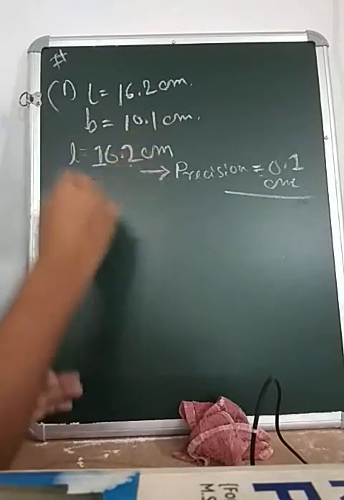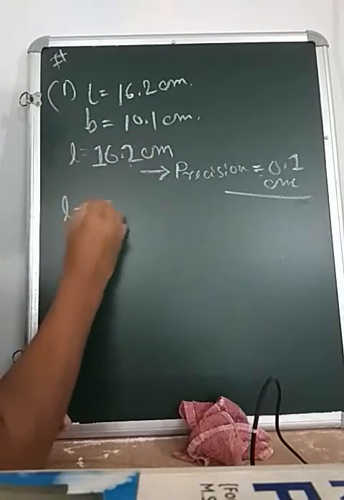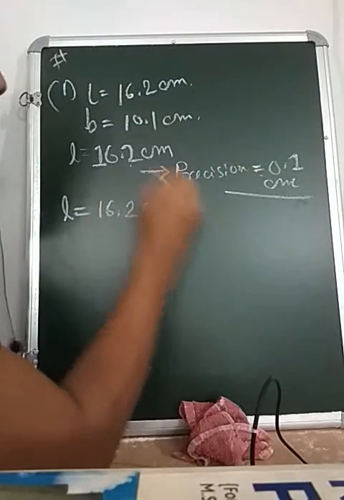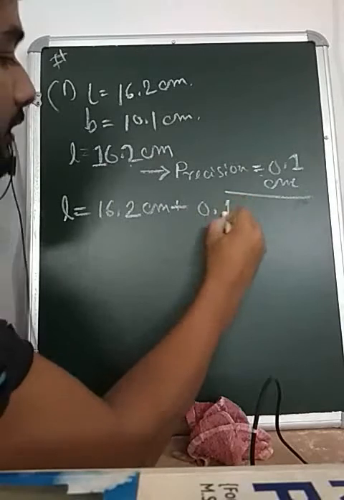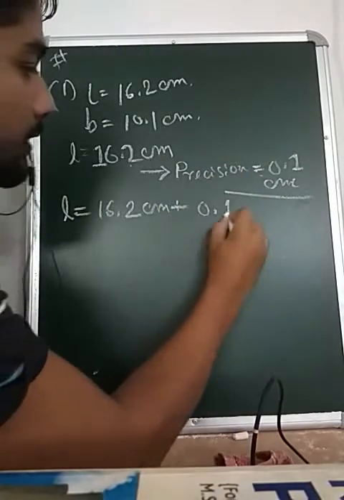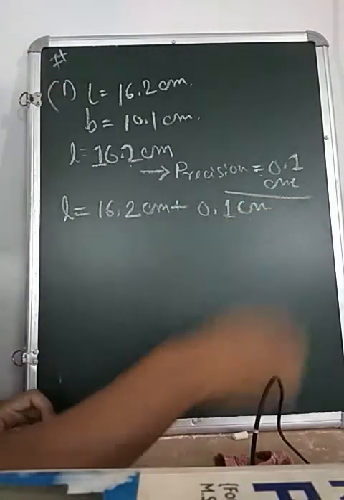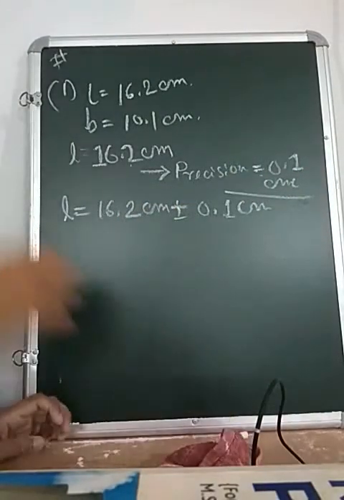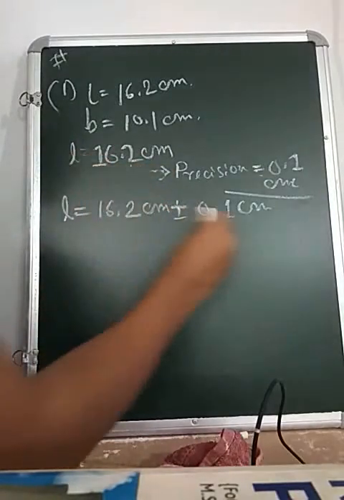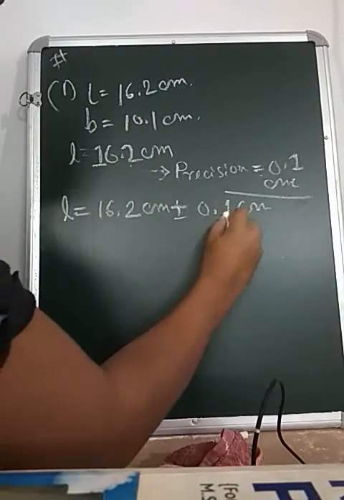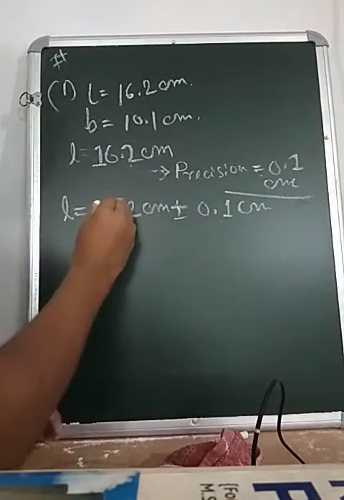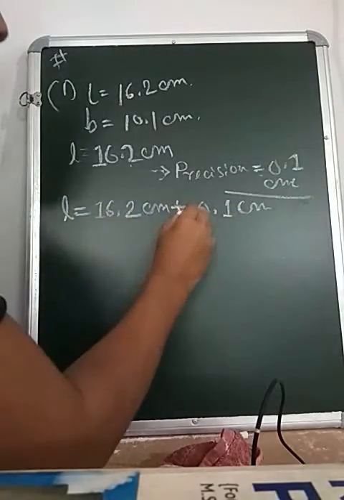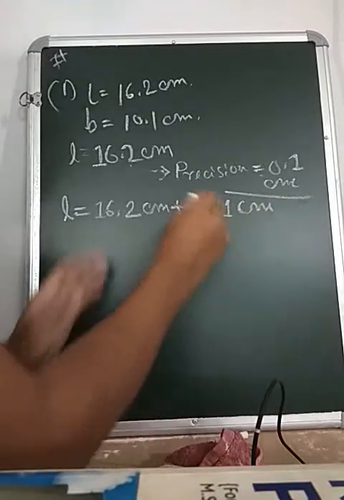So we represent L as 16.2 centimeter plus or minus 0.1 centimeter. This is the maximum error this number can contain, and this is how we represent a number with error.